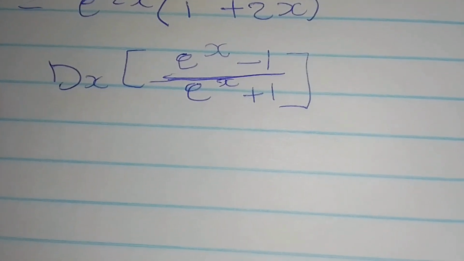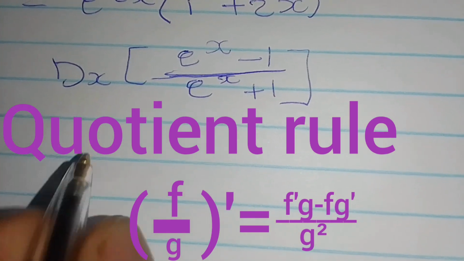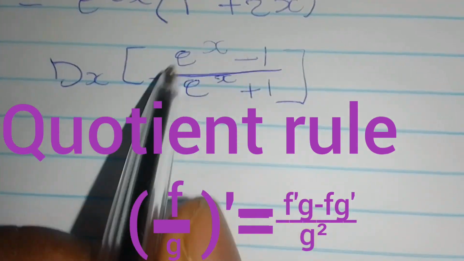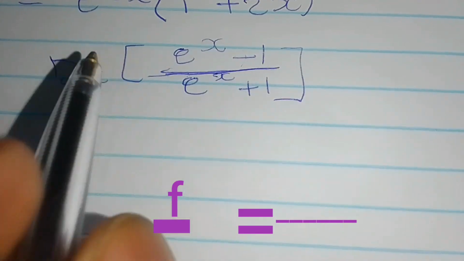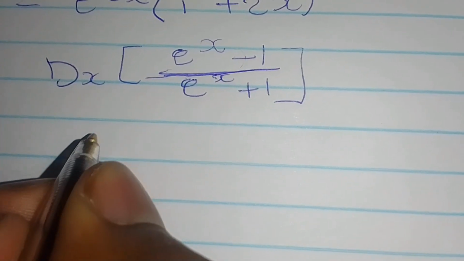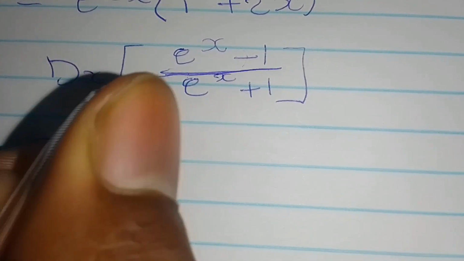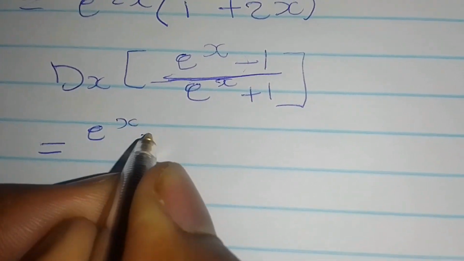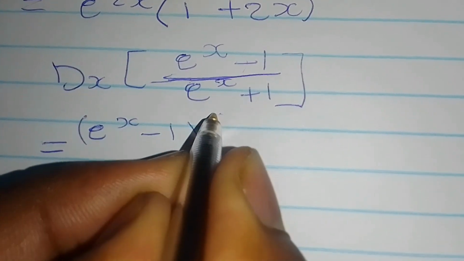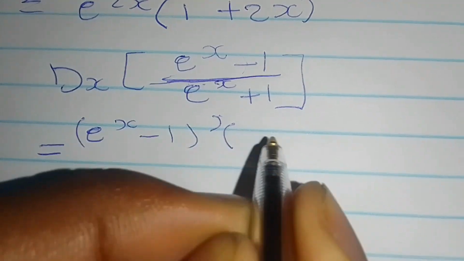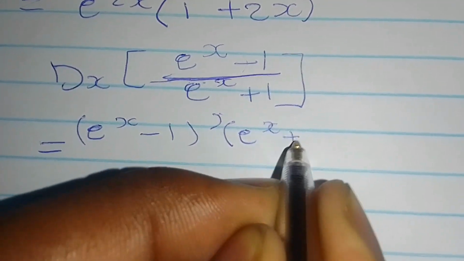Well, I can easily say that when I use the quotient rule here, I know that the answer is going to be: e to the power of x minus 1, I have to derivate that, and I have to multiply by the denominator, which is e to the power of x plus 1.